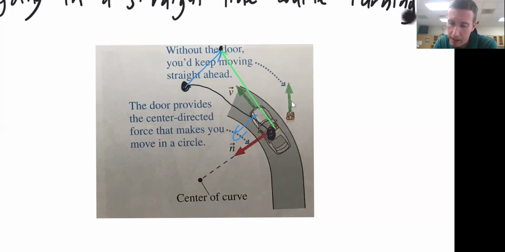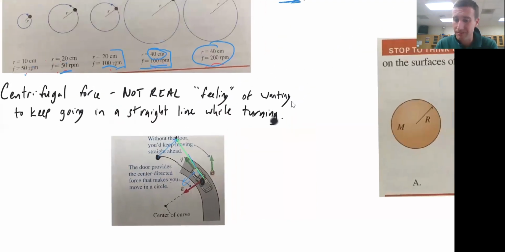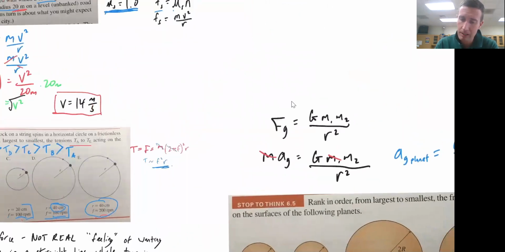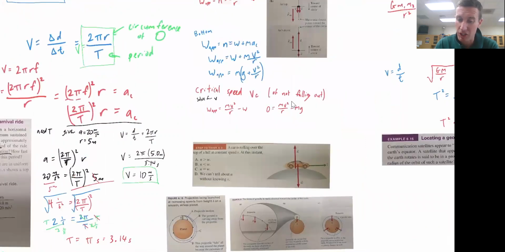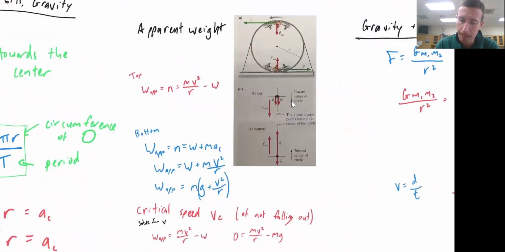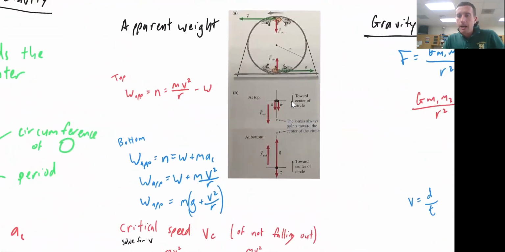So I would keep going on this green straight line. However, I'm going to run into the car door, and that's going to help push me inside the car to where the road goes. Great. We call that centrifugal force, but it's just a feeling. It's not actually a force. So we also call it a false force. Fictitious is another way of phrasing it. All right. Let's pause there, and we'll come back with another one for apparent weight.